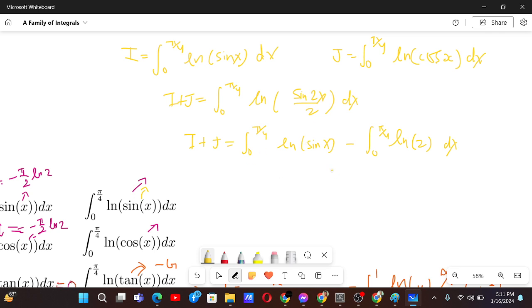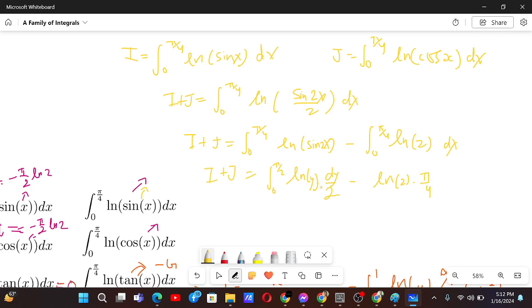Now for the sin 2x, we can change variable from 2x to y, and that gives us the integral from 0 to pi by 2 of ln y dy by 2, minus pi by 2 ln 2 times pi by 4.